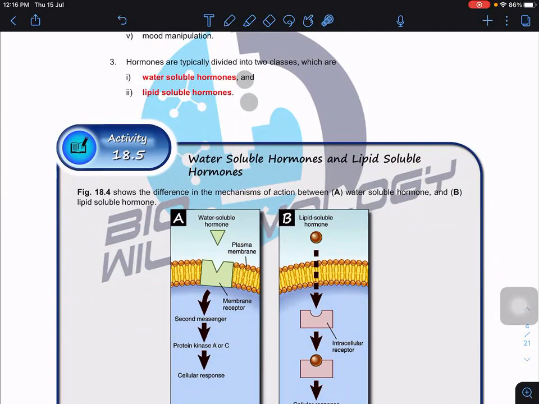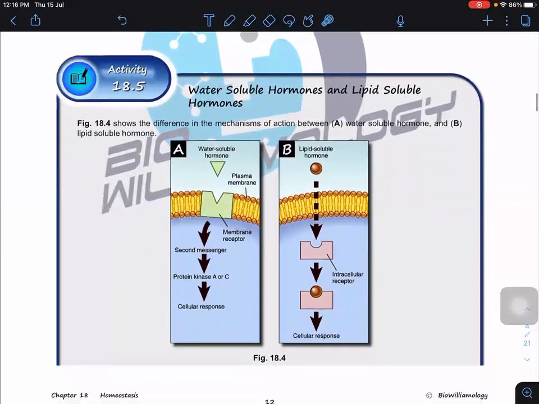But we can group them into two broad classes: water-soluble hormones versus lipid-soluble hormones. So what is the difference? The main difference is that water-soluble hormones won't be able to diffuse across the phospholipid bilayer.